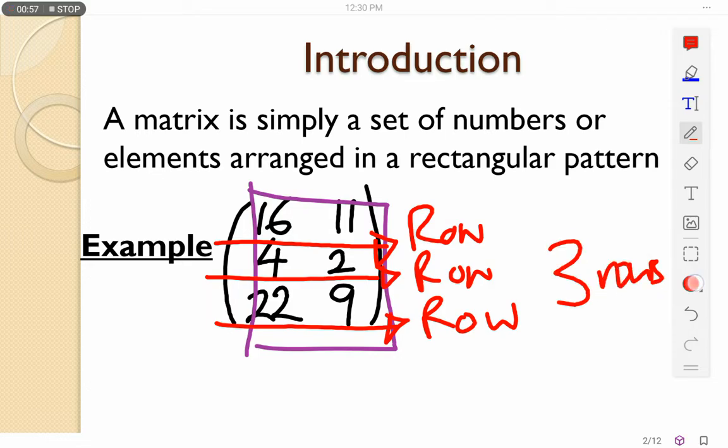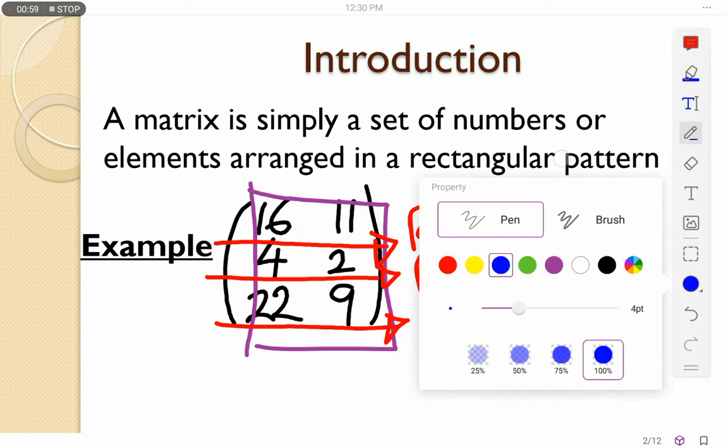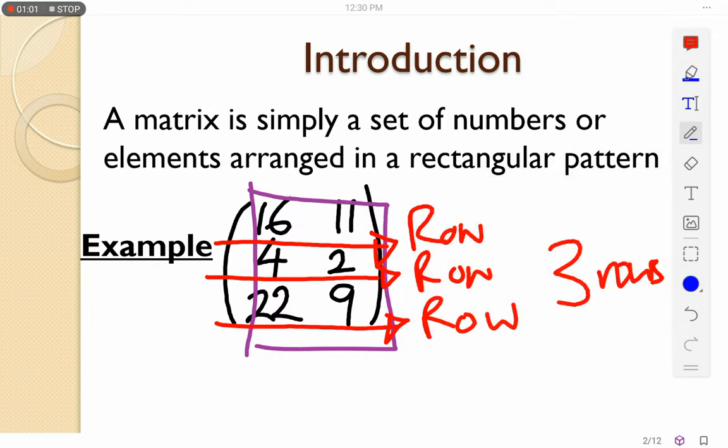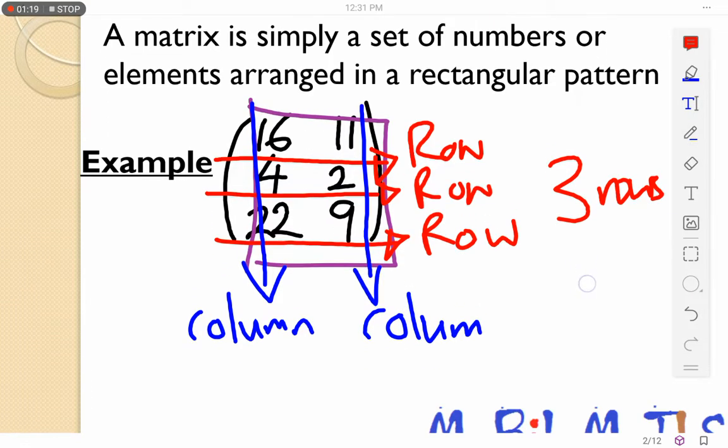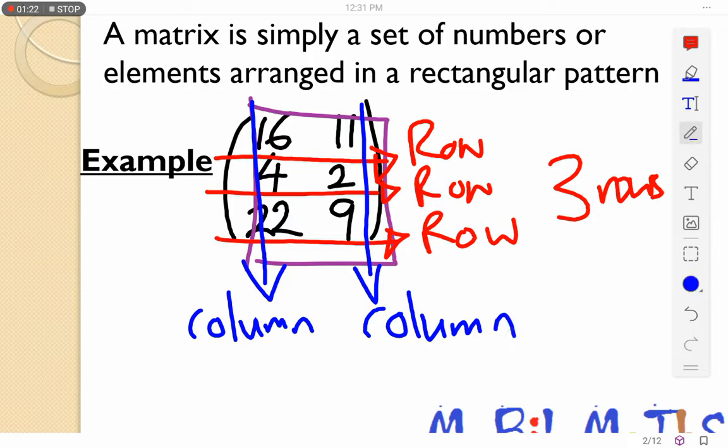Then the columns are the ones that go vertically. I'm usually going to take them from the top going down. So this is a column, then this is another column. Okay, so it means this matrix has got 2 columns.